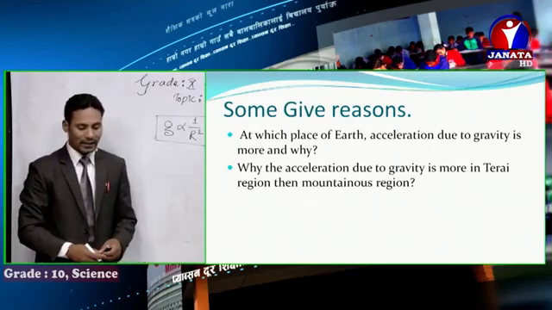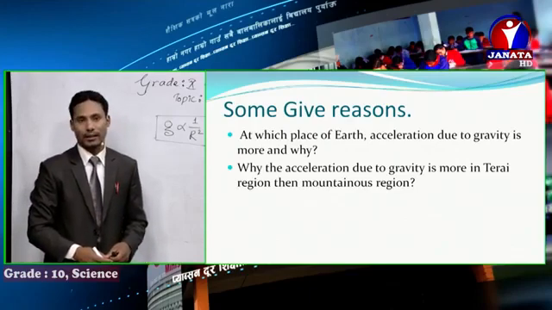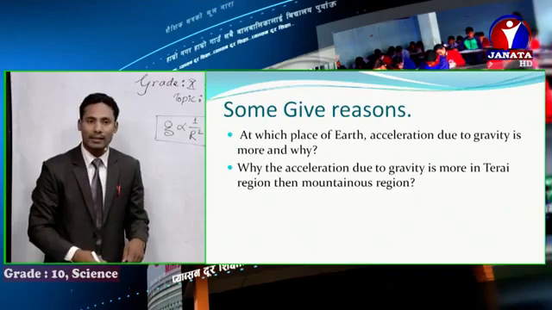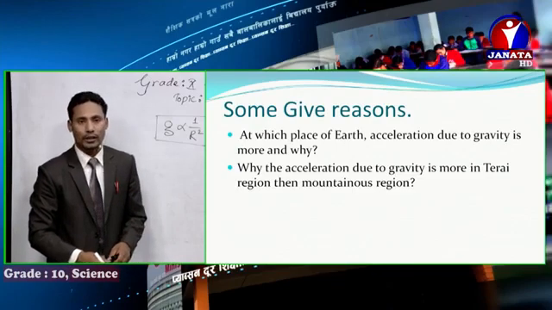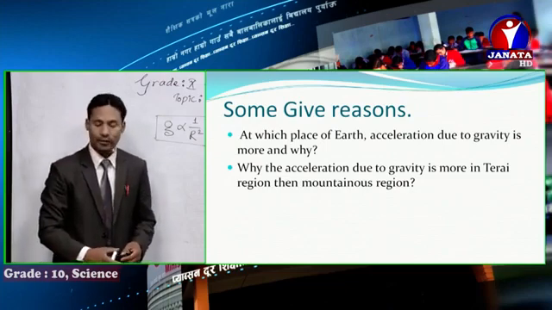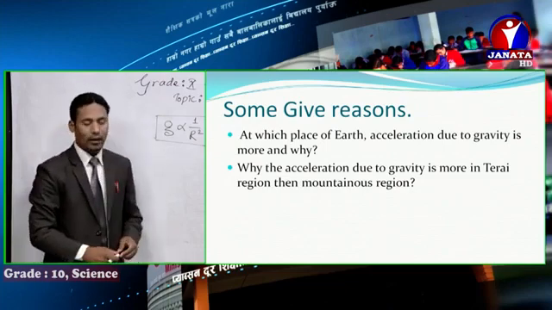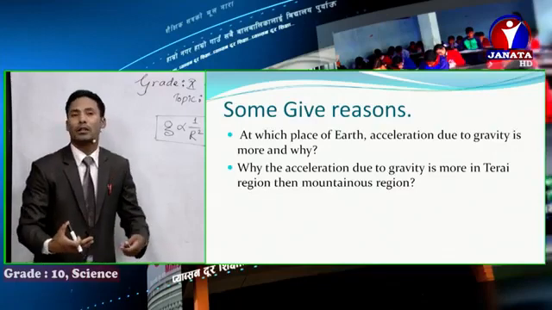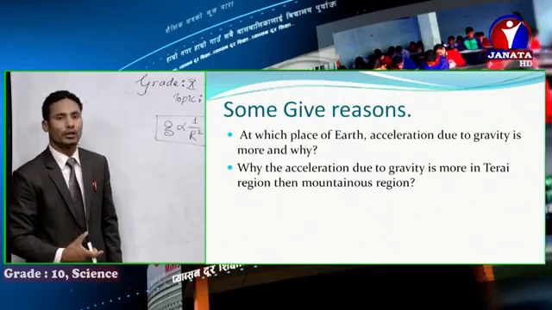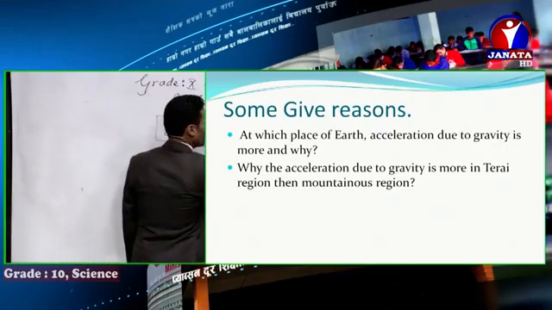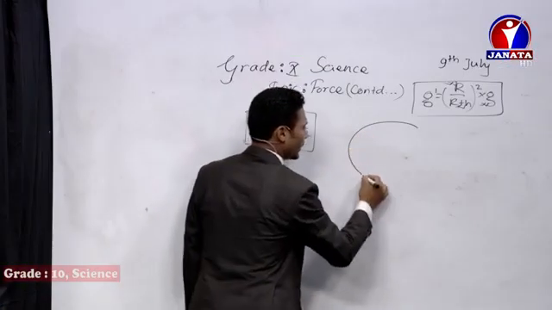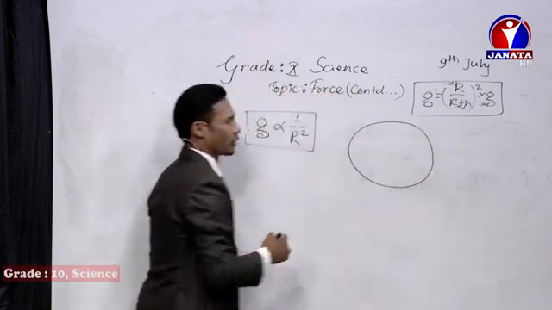Similarly, why is the acceleration due to gravity more in the Terai region than in the mountainous region? These two give reason questions we will discuss right now. First one: at which place of the earth is the acceleration due to gravity more, and why? So let's see. Earth is not completely round, right? It is oval in structure.